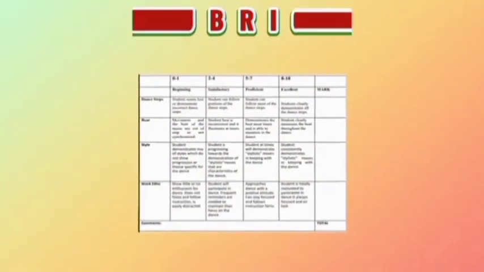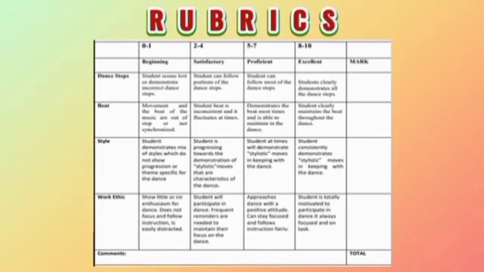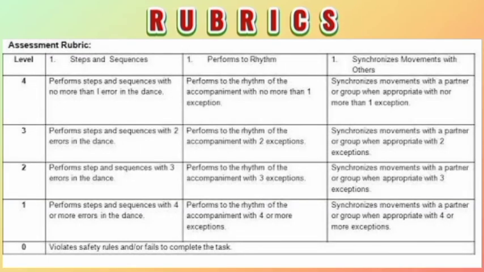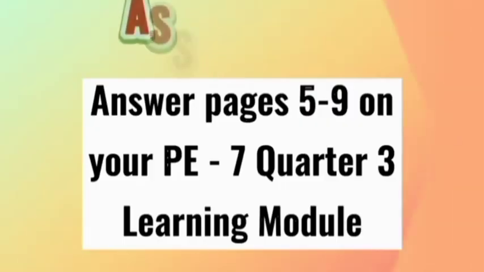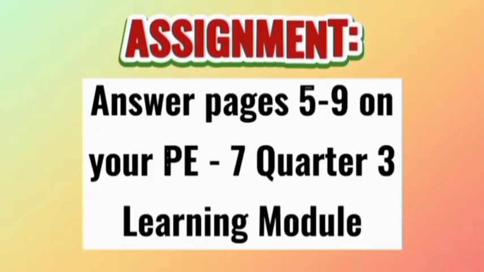And these are the rubrics to assess your performance. For your assignment, answer pages 5 to 9 on your PE7 Quarter 3 Learning Module.